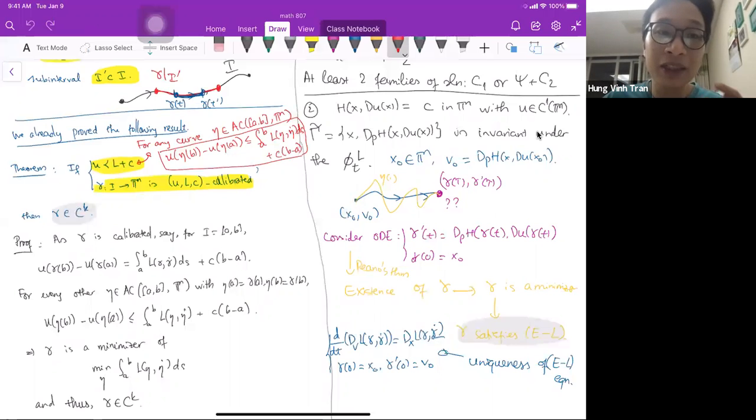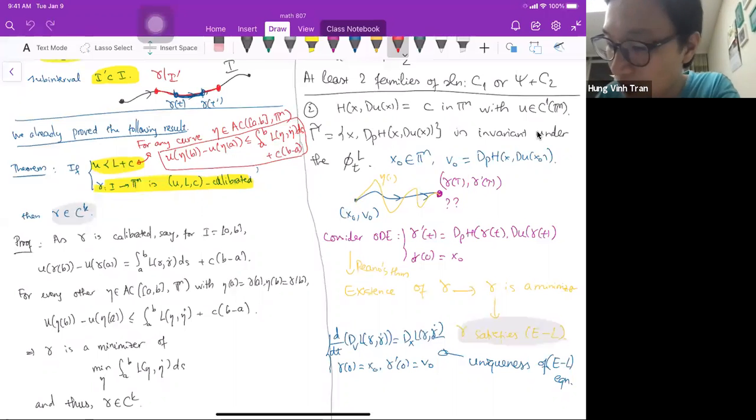But on the other hand, because gamma is calibrated, the action functional of gamma equals U evaluated at the two endpoints, right? So clearly from that you imply that gamma is a minimizer, right? And then you're done. Okay.